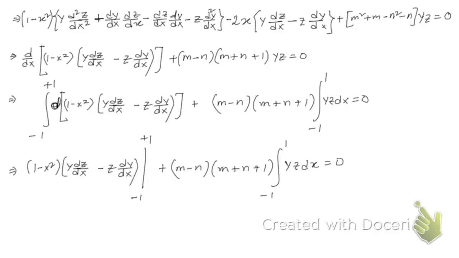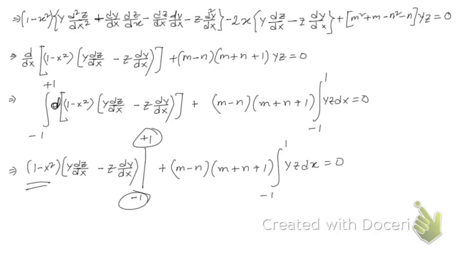Now here if you put the upper and lower limit, you see, if you put here +1 instead of x square, then 1 minus 1 cancel. Similarly, if you put here -1, then after squaring, that's going to be again +1, and this is minus, so that's going to cancel again, right?